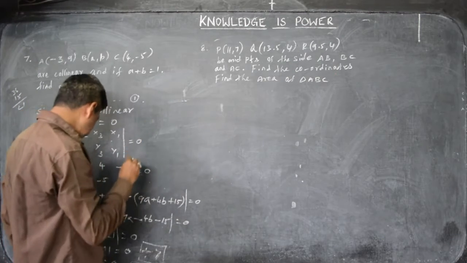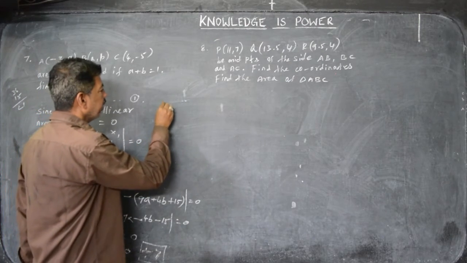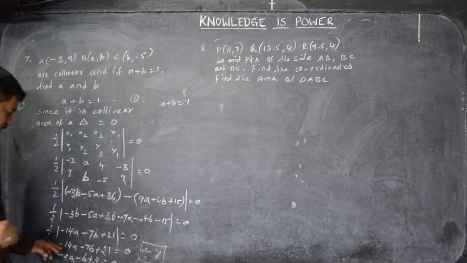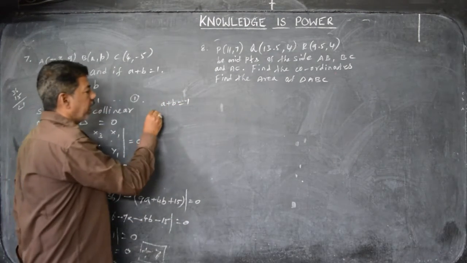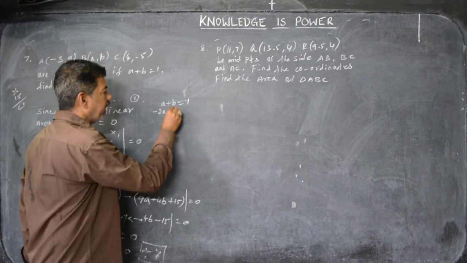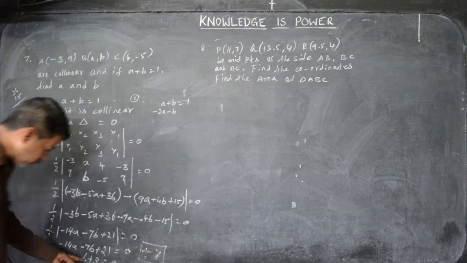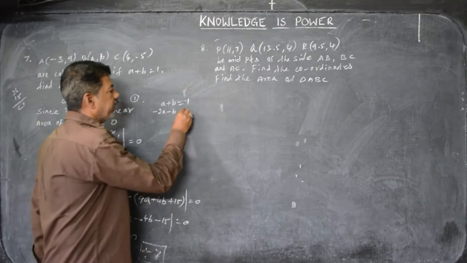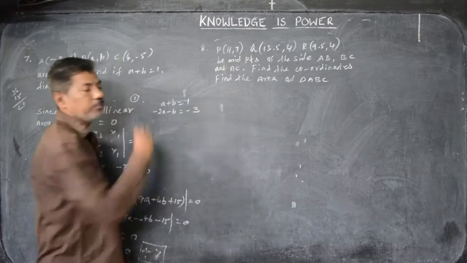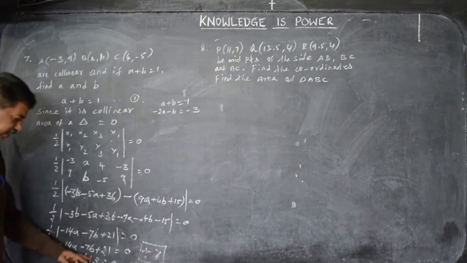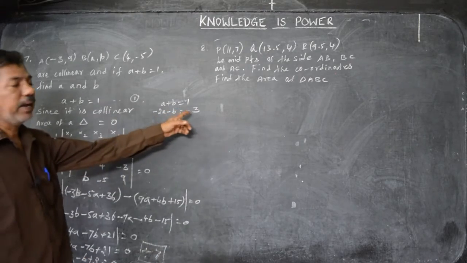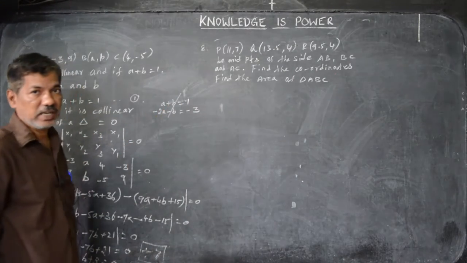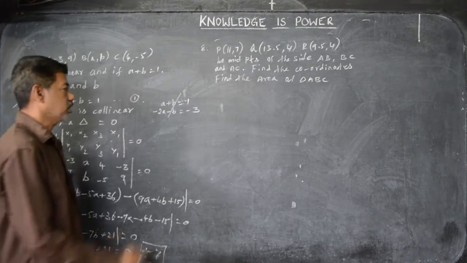Equations 1 and 2. What is equation 1? a plus b equal to 1. What is the second equation? Minus 2a minus b, and taking this plus 3 to the opposite side, it will become minus 3. Now these both will cancel.